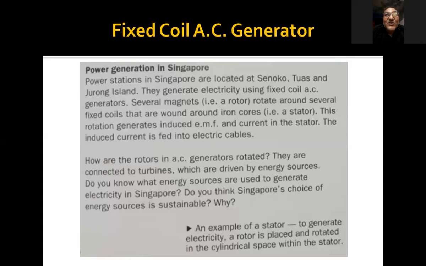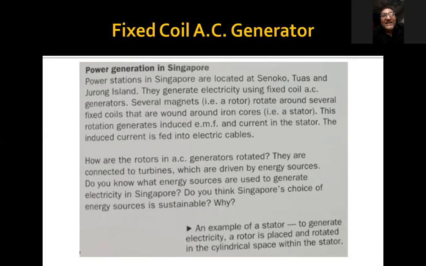Now you understand what fixed coil means: the coil is fixed, the magnets are moving around it. Several magnets, that is a rotor, rotate around several fixed coils. They are wound around iron cores, a stator. This rotation generates induced EMF and current in the stator. The induced current is fed into electric cables.